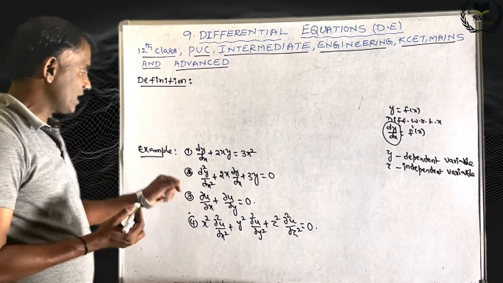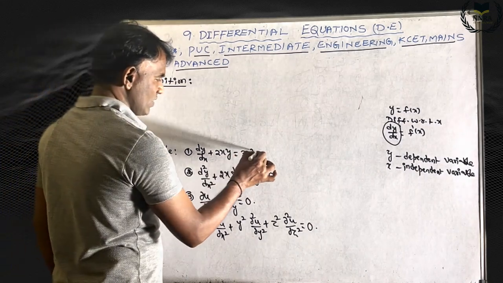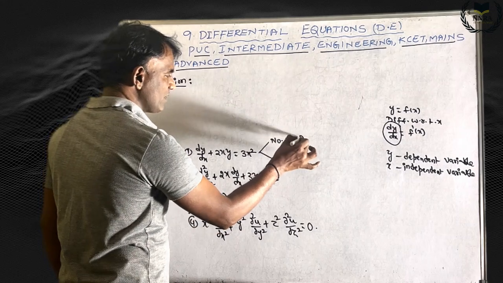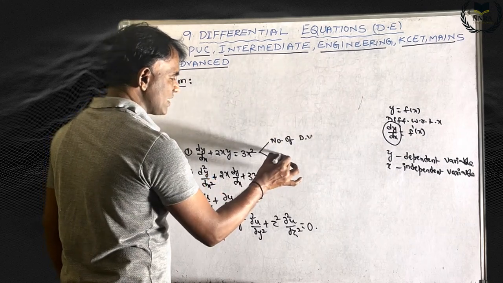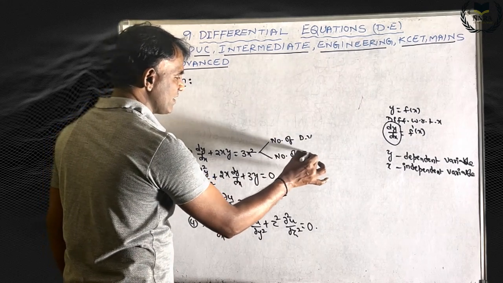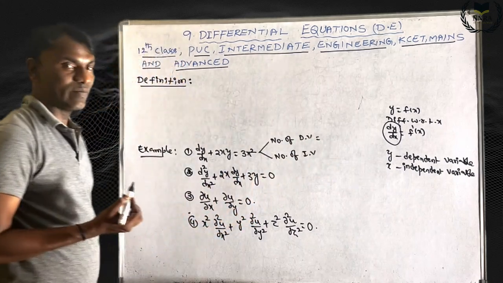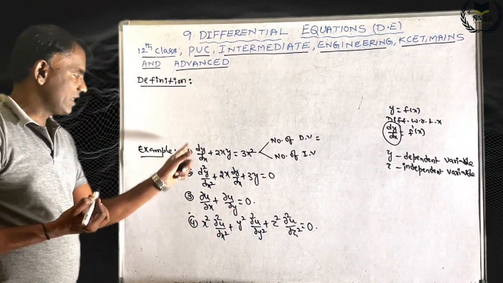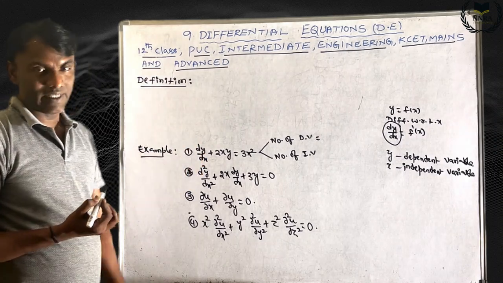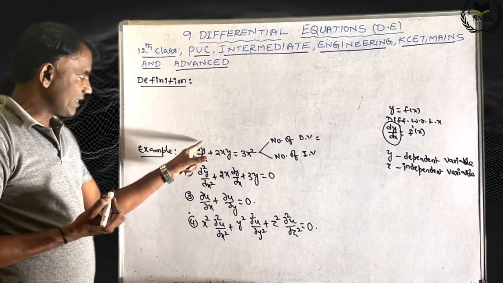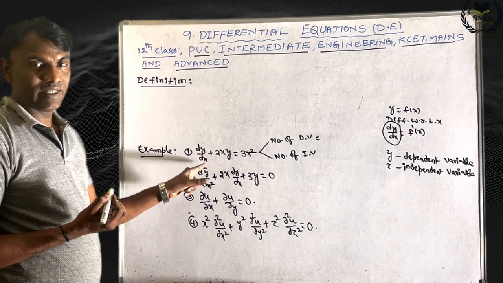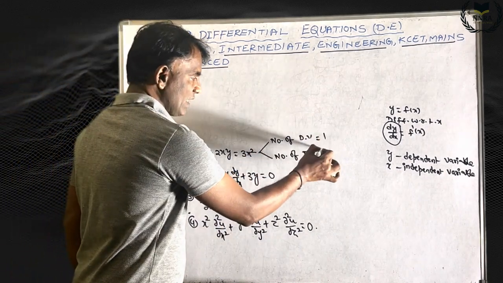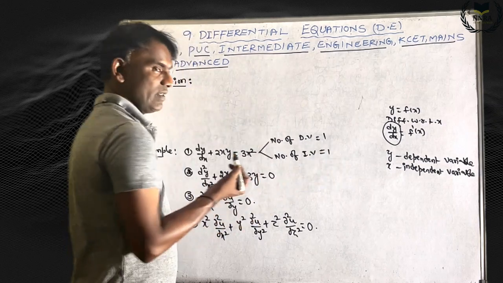If you take the first example, the derivative is dy by dx, right? Suppose you want the number of dependent variables and independent variables. DV means dependent variable, IV means independent variable. In dy by dx, y is dependent, x is independent. So one dependent variable and one independent variable.